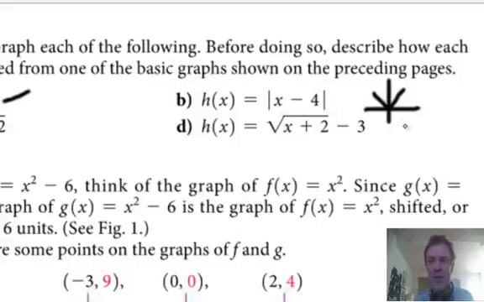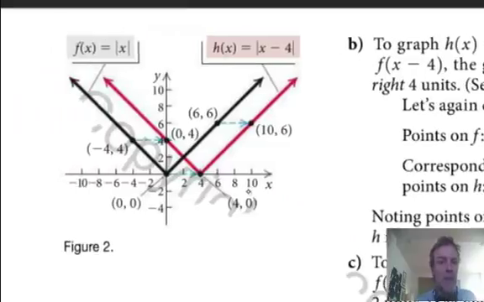So if I go 1, 2, 3, 4, it would now look like this. There we go. It's not just absolute x with a minus 4 tagged on at the end, where you move it down 4. It's part of the absolute value. So let's have a look. There it is. I moved it 4 to the right.